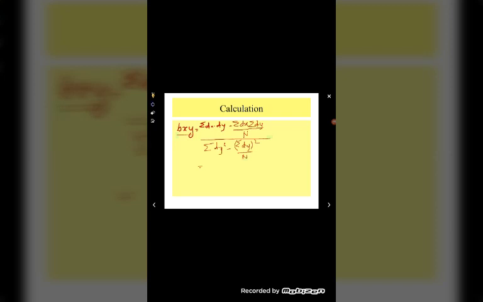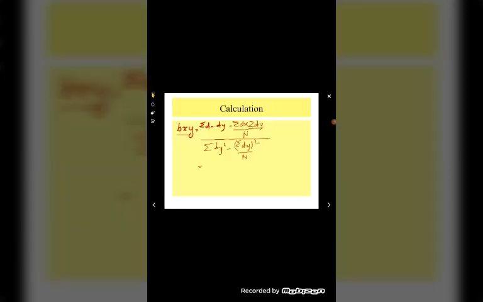Now we have to apply the data one by one. So what is summation of dx into dy? Here the summation of dx dy is 103.68. So here we have to write it down, 103.68 minus, summation of dx into summation of dy.